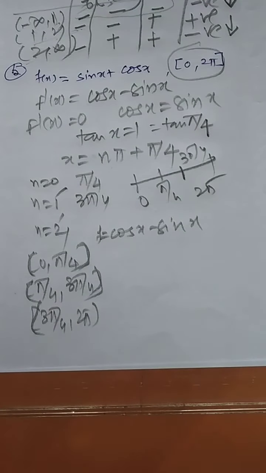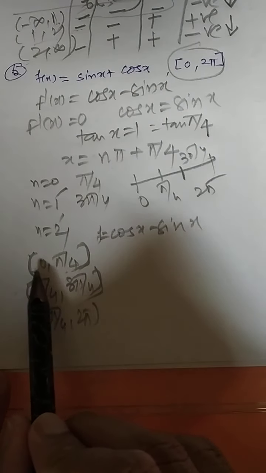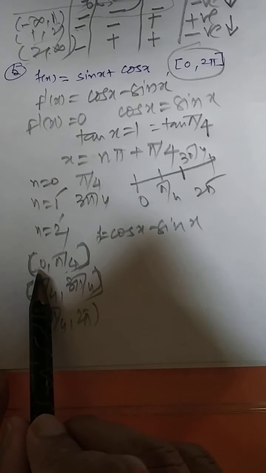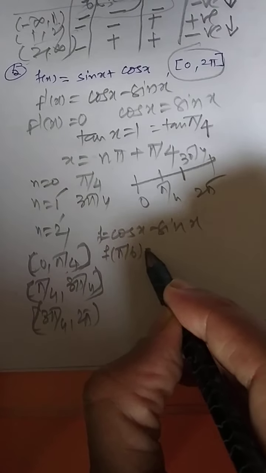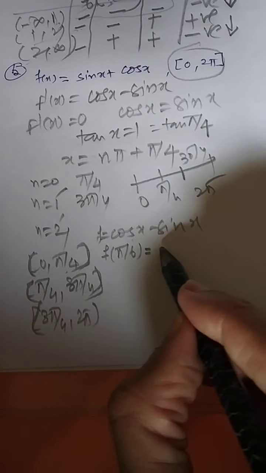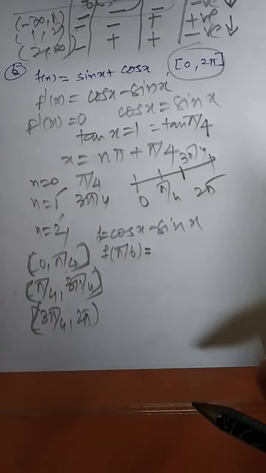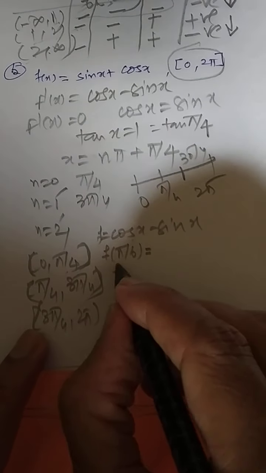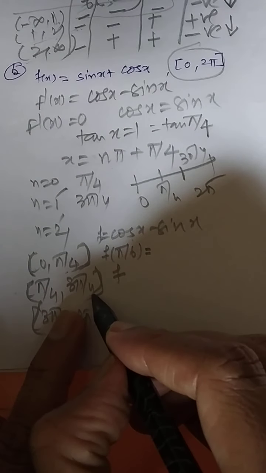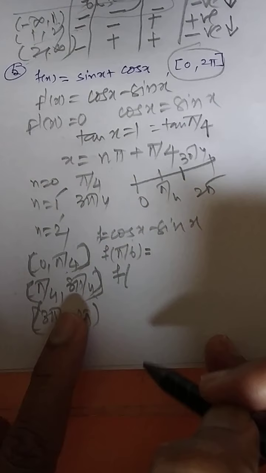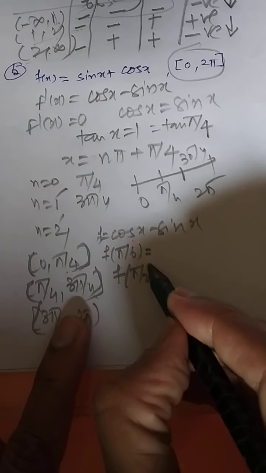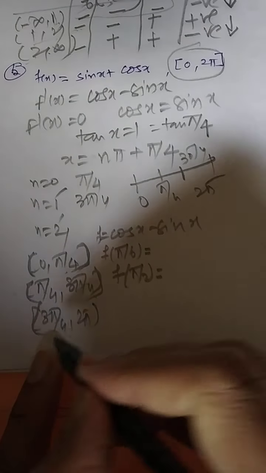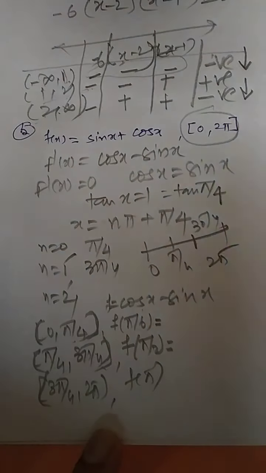Now for 0 to pi by 4, the known angle for us is what? f dash of pi by 6. Now put this value. Cos pi by 6 is what? Minus sin pi by 6 is what? Similarly, f dash of 3 pi by 4, where 3 pi by 4 is nothing but pi by 2 here.